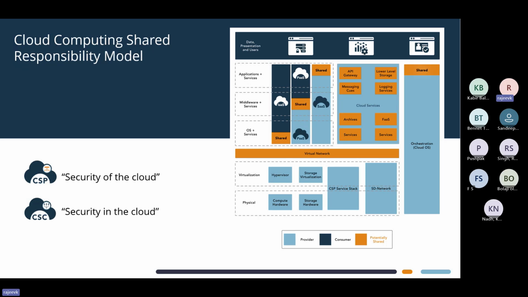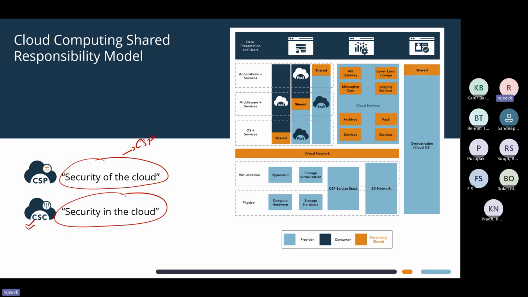So the CSP, cloud service provider, has responsibility for security of the cloud, and security in the cloud is the responsibility of the CSC, cloud service consumer.